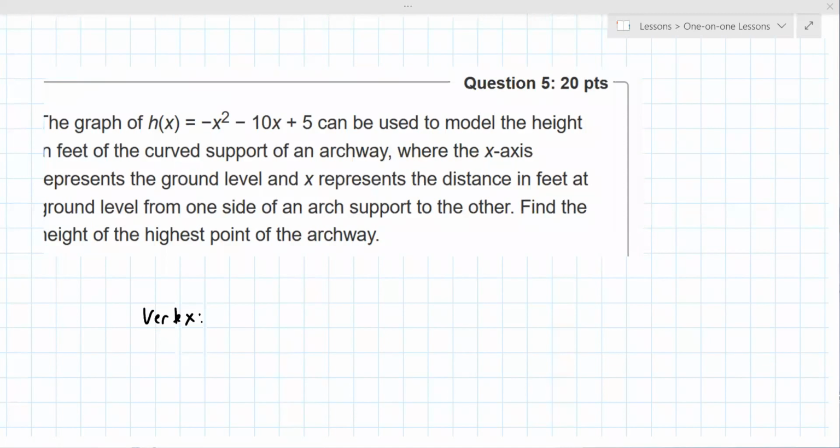Okay, I have my vertex. What is it? 5 comma -20.